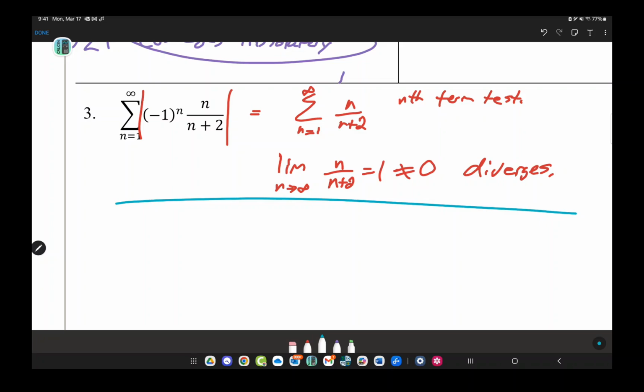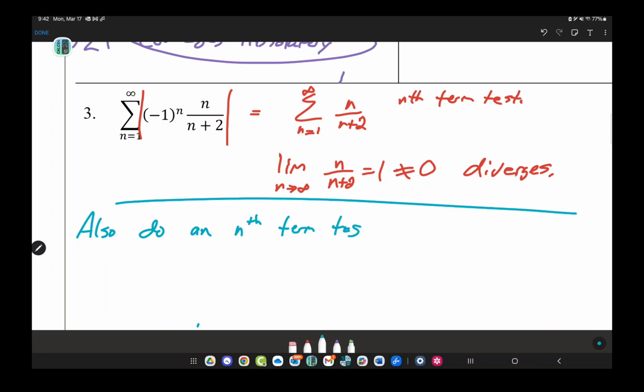Now, why can't we do an alternating series test? Because what's the first thing we need to show for the alternating series test? The limit of the function goes to what? Zero. Does it go to zero? No. So we can't do an alternating series test. We can do an nth term test.